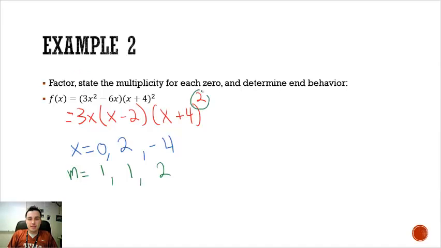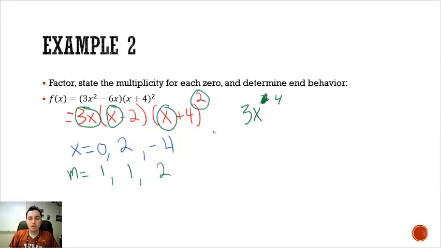Right here, because this thing's squared, I know that's going to make an x squared out of this whole little part. So I have an x squared here, I have a regular x here, and x squared times an x would be an x cubed, and then times this 3x would be 3x to the fourth. Alright, that's all I needed to know in order to tell end behavior.